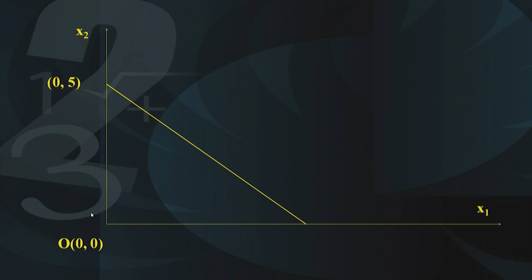First of all, the first constraint passes through the points 0, 5 and 5, 0. So, these are the 2 points. The area of the feasible region is below the line. So, this is indicated by the arrow. Next, we will plot the second constraint.